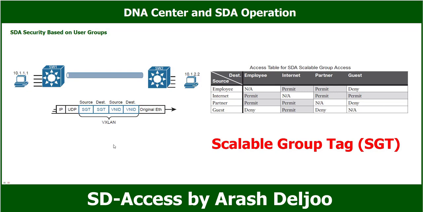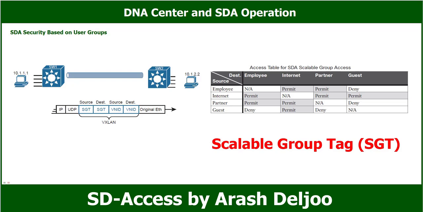I'm only going to say that you configure this table, and with the help of a scalable group tag and its availability in the VXLAN header, we can implement our security policy without the need to think about the IP addressing or other things. Actually, we can say the operational model with a scalable group greatly simplifies security configuration and ongoing maintenance of the security policy while focusing on the real goal, controlling access based on user.